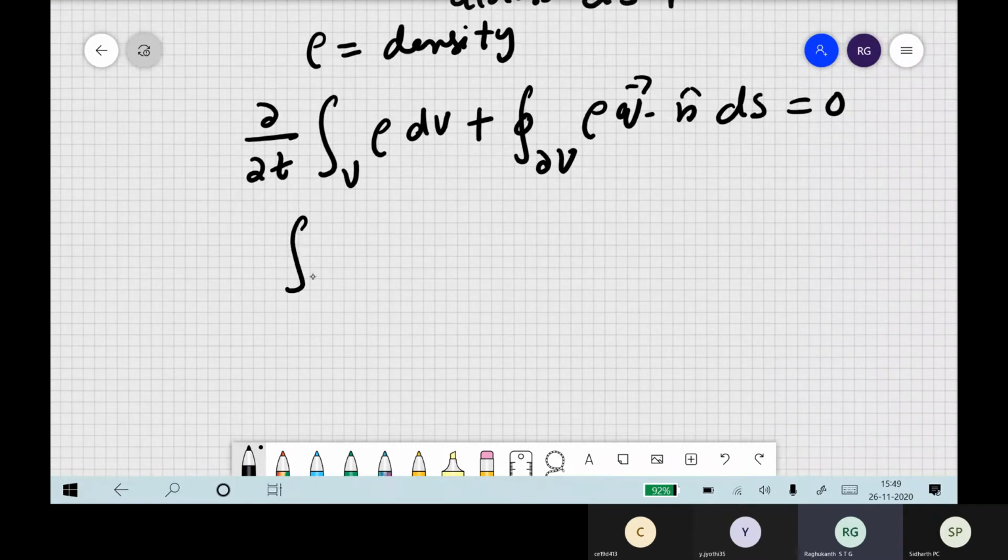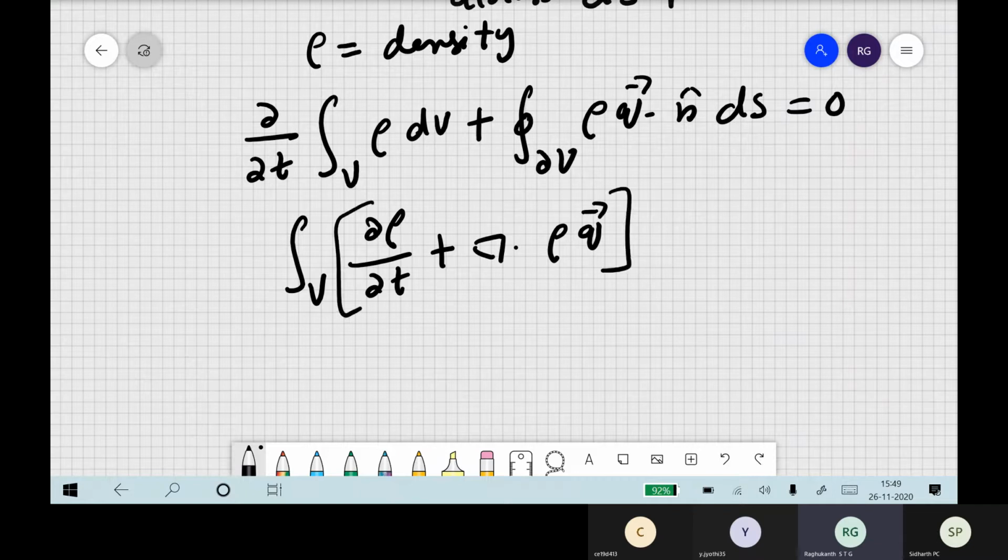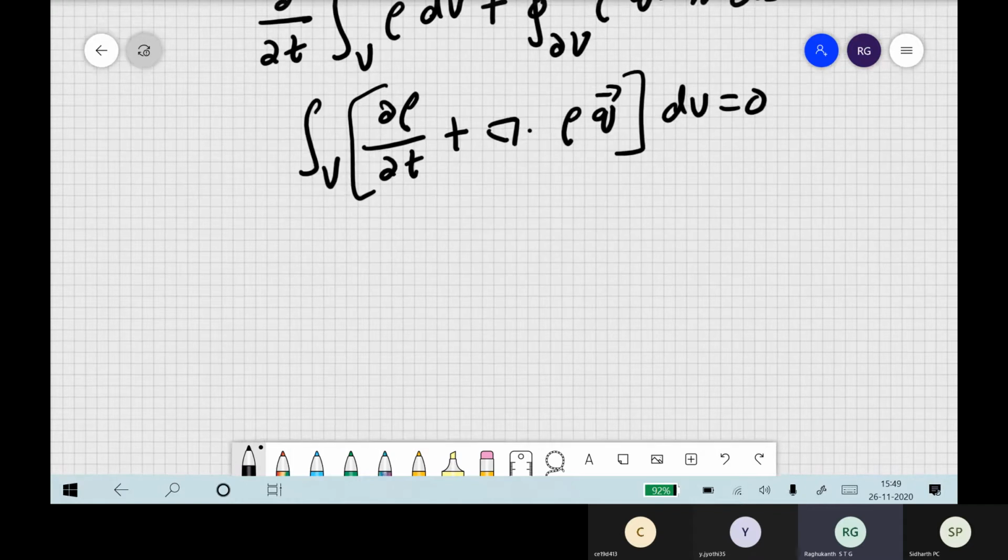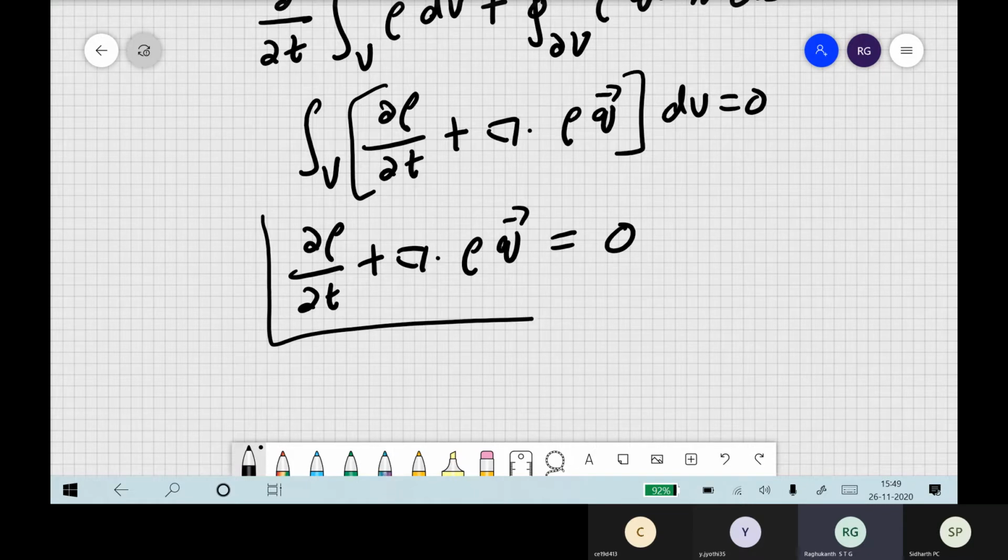Finally, you can combine everything in one go: ∂rho/∂t plus del dot (rho q), integrated over dV, is equal to 0. Here q is nothing but the velocity terms. So this is our conservation of mass equation.